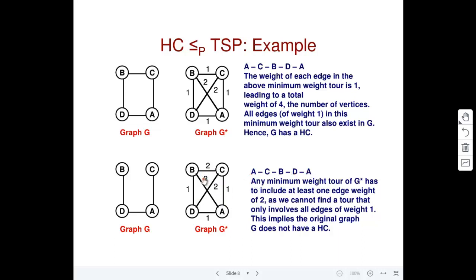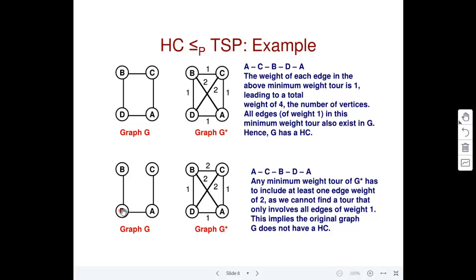Means you will not be able to find a tour where all edge weights are 1. So the tours that you could come up with will have at least one edge of weight 2. There cannot be a tour such that all edge weights in the second G star are all 1.